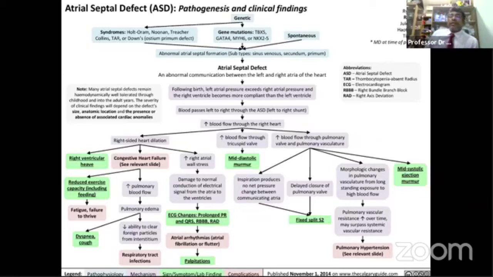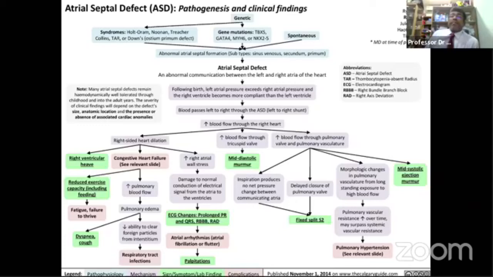So what are the clinical findings we will get when a patient comes with atrial septal defect? There is actually no pulse finding, but on auscultation, what are the findings? On auscultation, usually the first heart sound is normal, but in the second heart sound there are definite findings.